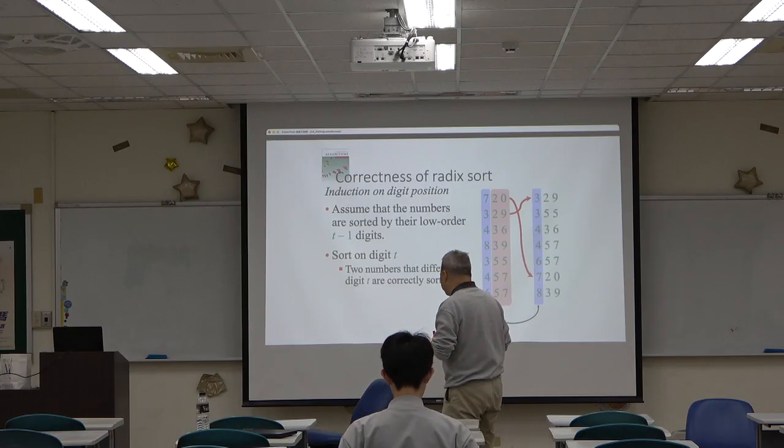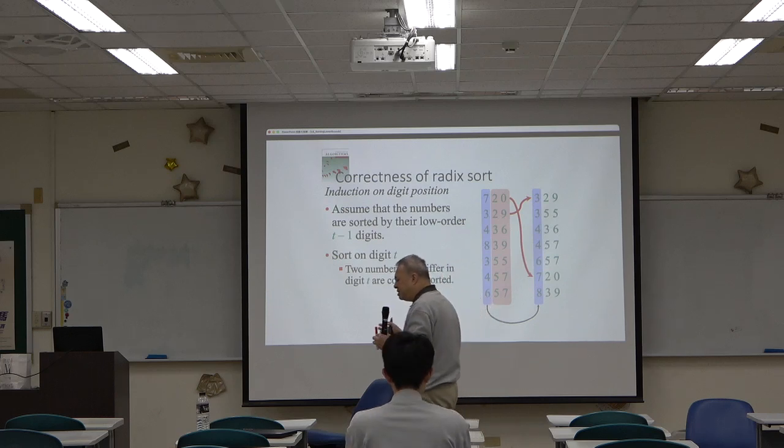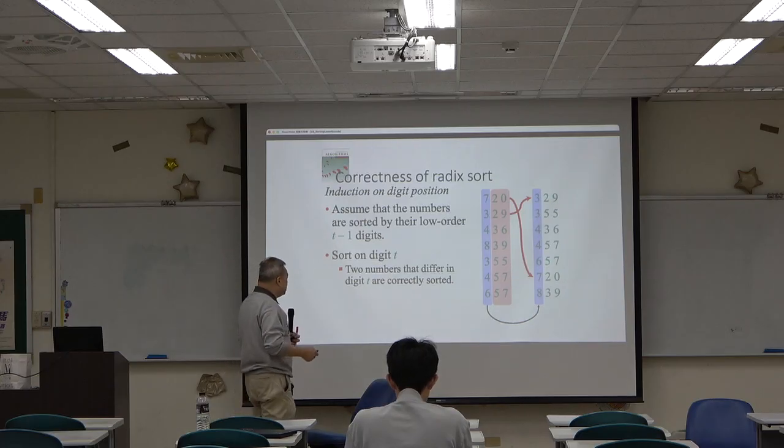When two numbers are different, you should arrange these numbers according to their digit t.